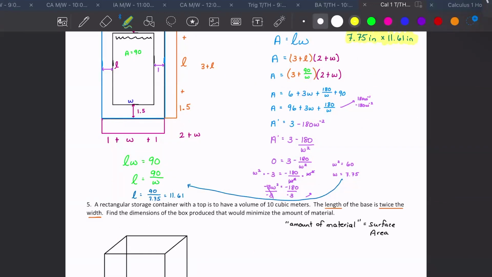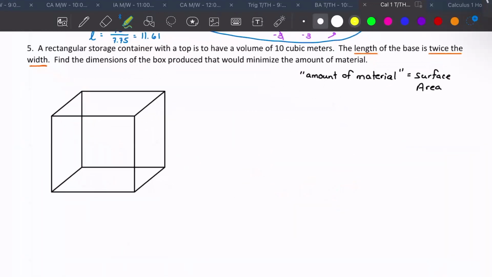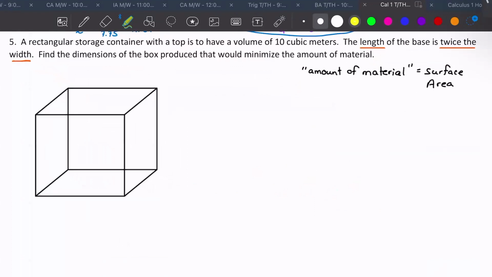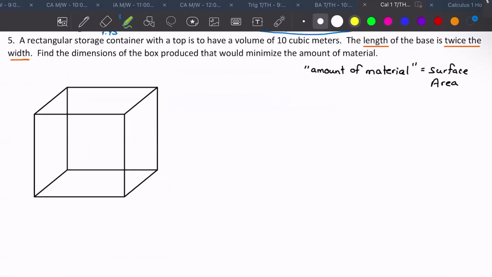All right, last one. This one says a rectangular storage container with a top is to have a volume of 10 cubic meters. The length of the base is twice the width.